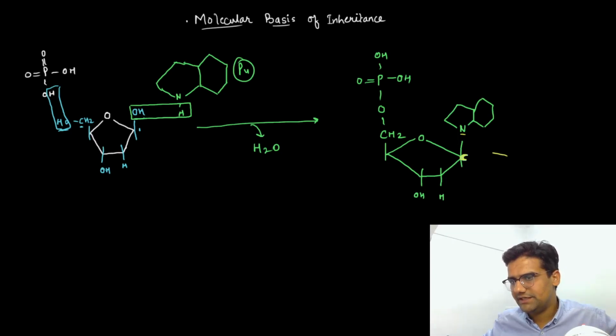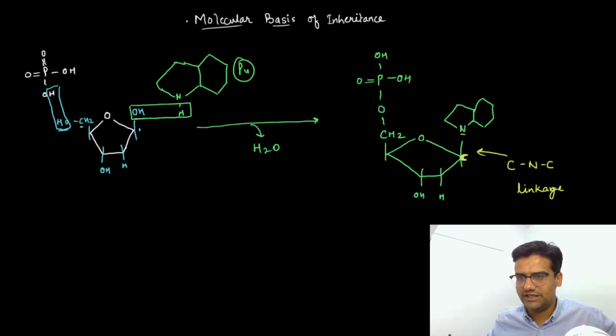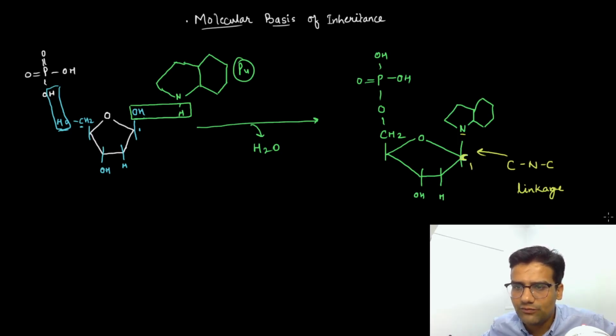So this linkage here is what we call the CNC linkage, and this linkage is basically a glycosidic linkage, from the first carbon of the deoxyribose sugar to the ninth position of the purine. So in case of purine, it is the first carbon to the ninth position glycosidic linkage.